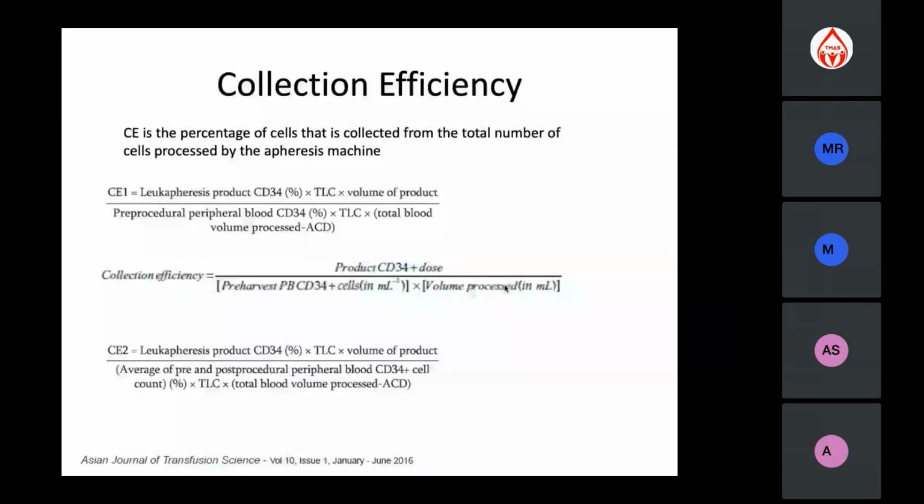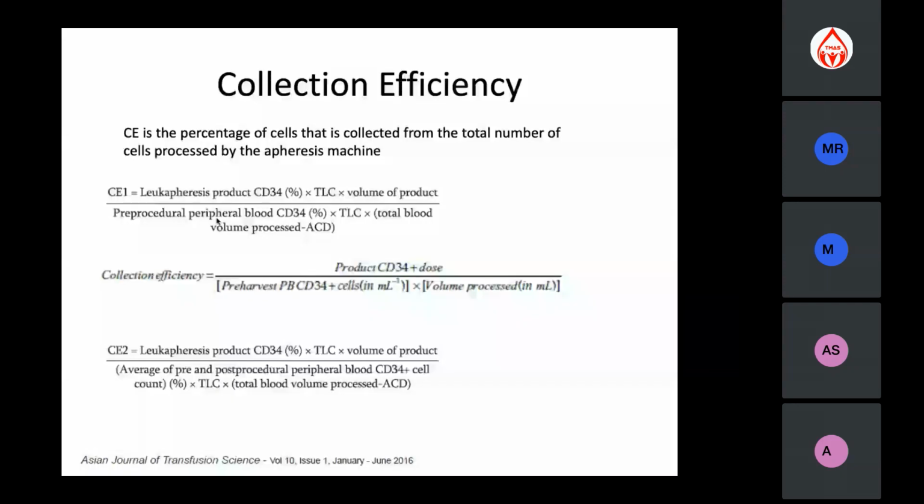The formula for collection efficiency is the percentage of cells that is collected by the total number of cells processed. So the collection efficiency is WBC count of the product times volume of the product, divided by peripheral blood CD34 times total blood.